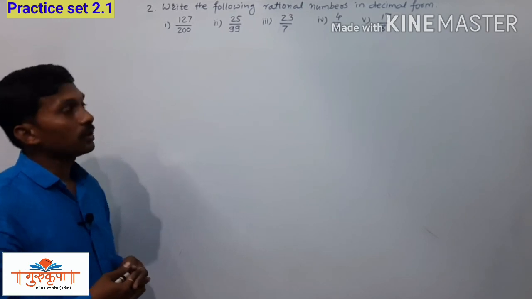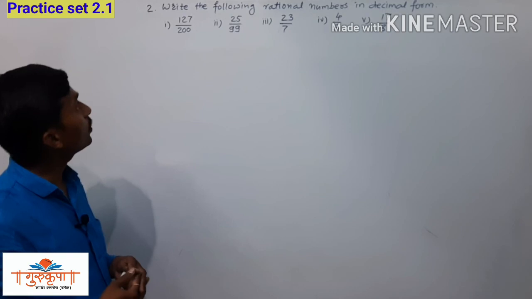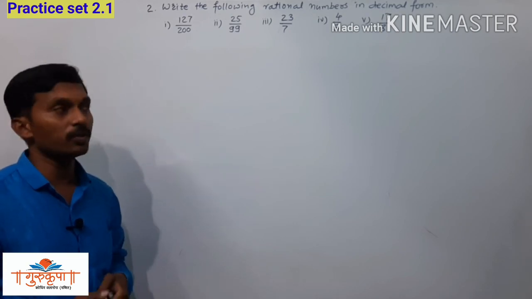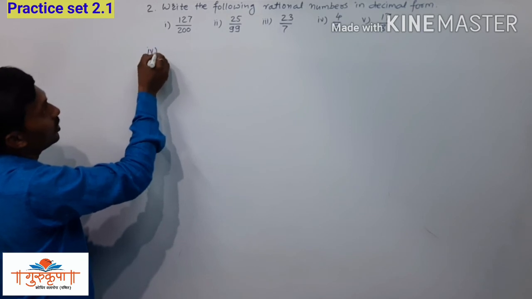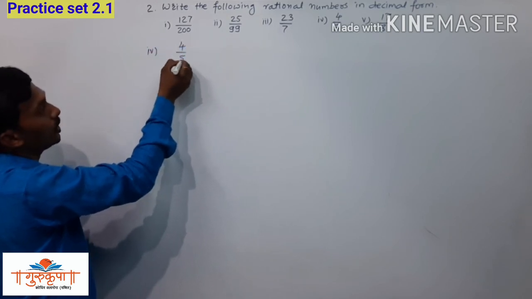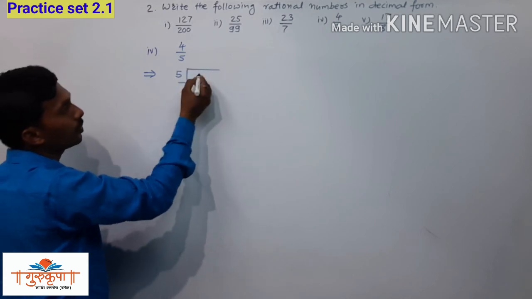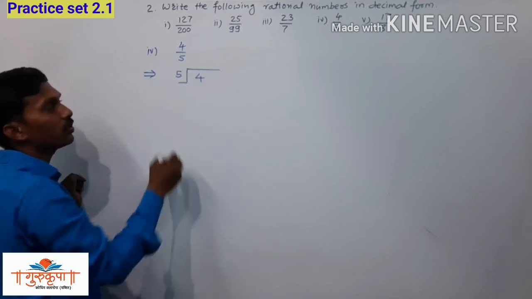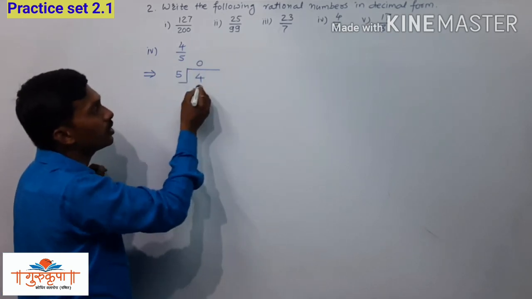Example number 4, that is 4 upon 5, is the given rational number and we have to convert it into the decimal form. So we will write that number here first. Now we have to divide 4 by 5. Since it is not possible to divide 4 by 5, we start with 0. 5 zeros are 0.